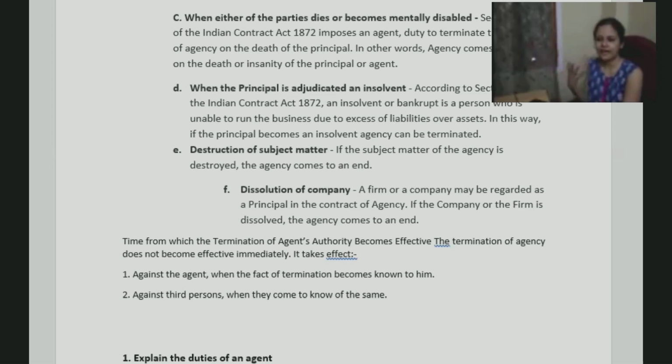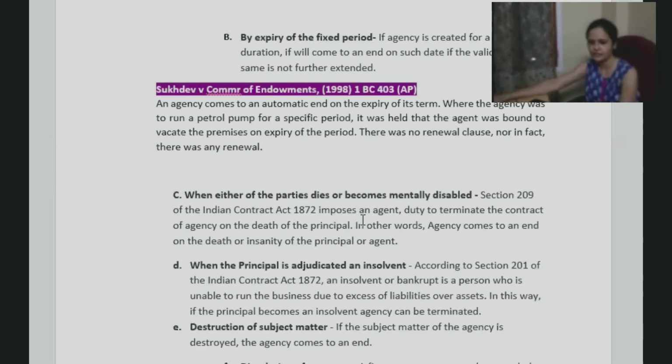So if LIC is the principal and LIC itself is dissolved, LIC is no more existing, then what will all those agents do? It's of no use. So if that entity is dissolved, then that also would lead to termination of all these agency agreements, because agents would have no purpose after dissolution of the company.